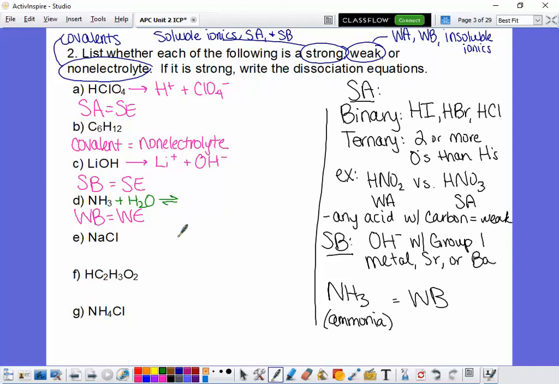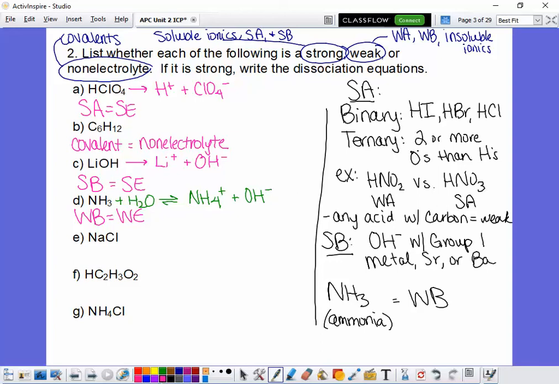So when this reacts with water, the products are NH4+, which is ammonium, and OH-. See how there's still some ions being formed. It's just not a lot of them. That's why it's still a little bit of an electrolyte. It'll be that dim bulb. Okay?